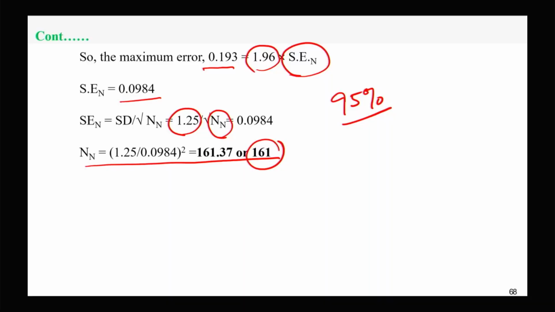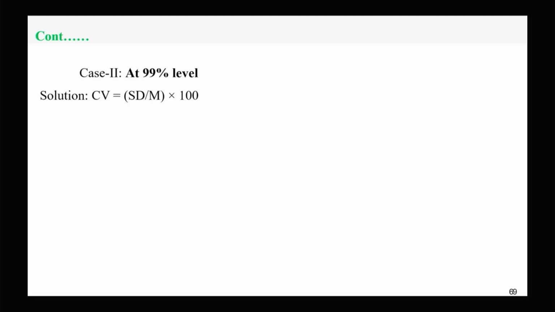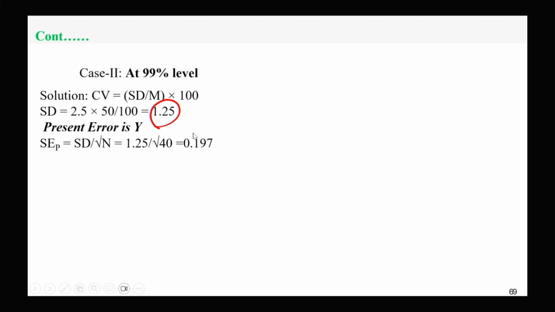Now this is for mean, and now in case 2, 99% level, similar treatment will be there. Again the standard deviation will be 1.25. Present error we can calculate, it is 0.197.